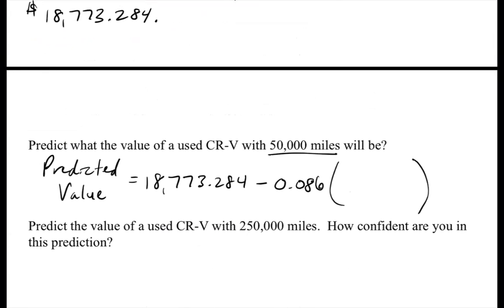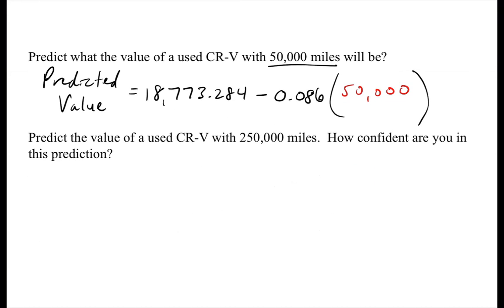In this case, it's 50,000 miles, so I put a 50,000 here and crunch those numbers. That's the only work I need to see. That tells me exactly what you're doing. The calculator does the rest.